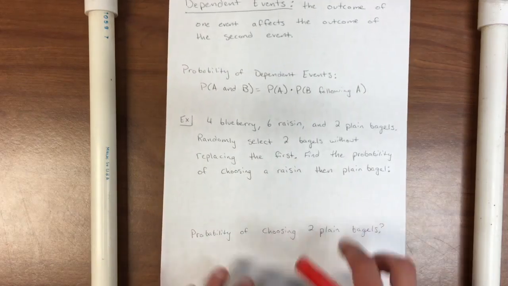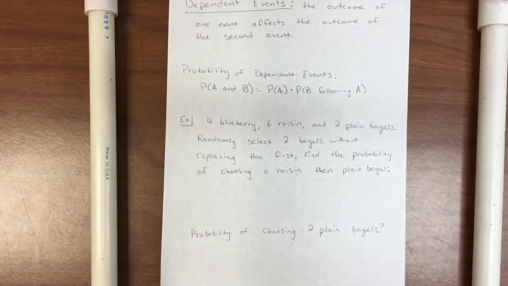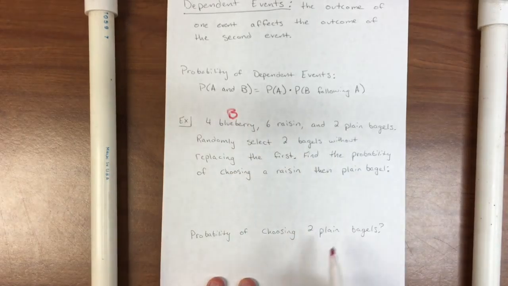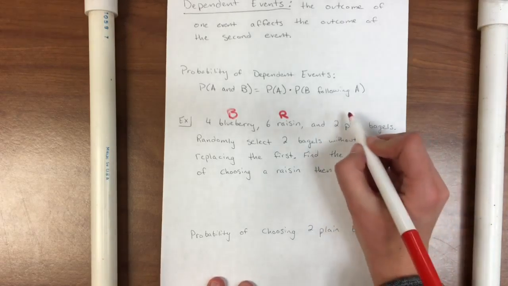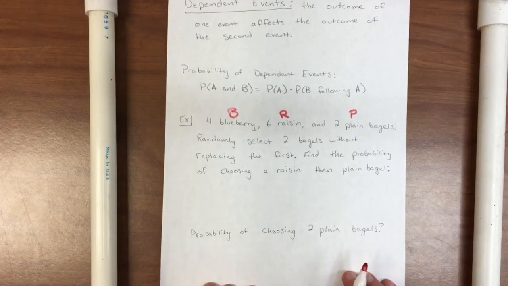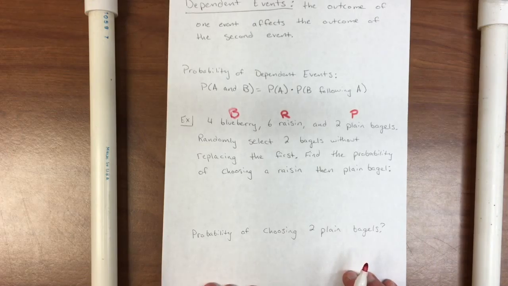So in our example, we have 4 blueberry, which we'll say as B. We have 6 raisin, we'll say as R, and 2 plain bagels, we'll say plain as P. So we have 4 blueberry, 6 raisin, and 2 plain bagels. We are randomly selecting 2 bagels without replacing the first.